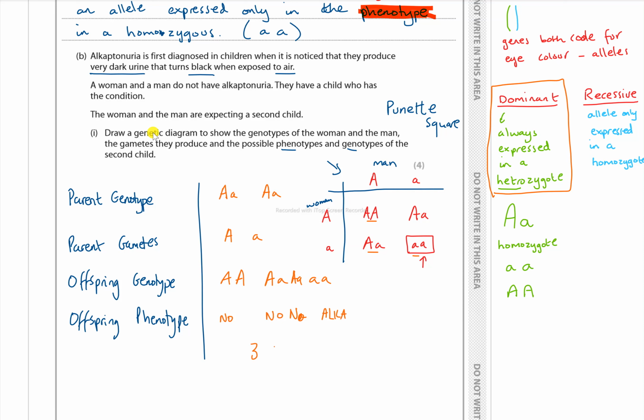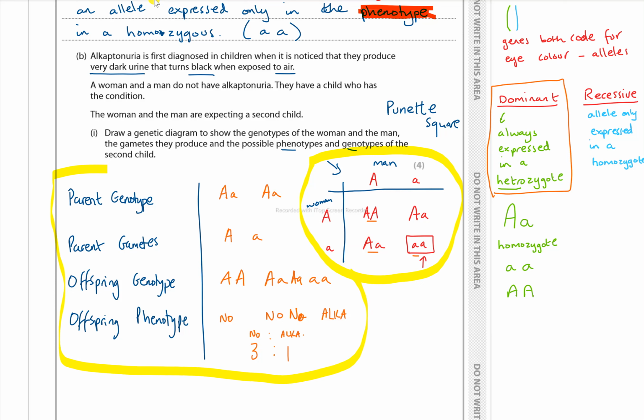So it's in a ratio of 3 to 1. No alka, and you have alka. So you can go down that route, or I think it'd be better to learn this: parent geno, parent gametes, offspring geno, and then offspring pheno. Remember what we said pheno was: how it looks or how it expresses itself, and it's going to express itself as that condition.